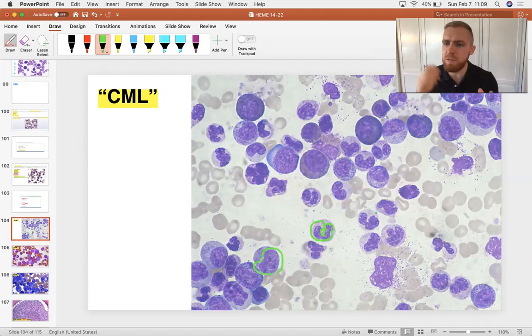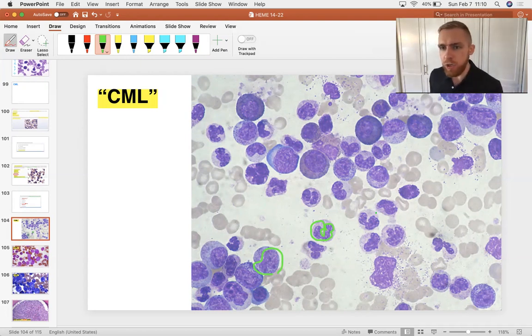So many monocytes, many neutrophils, elevated white count. You're thinking CML. You take a leukocyte alkaline phosphatase score, and if it's 0, then you're dealing with a cancer. If it's normal, then you're dealing with a physiologic reaction to an infectious process.